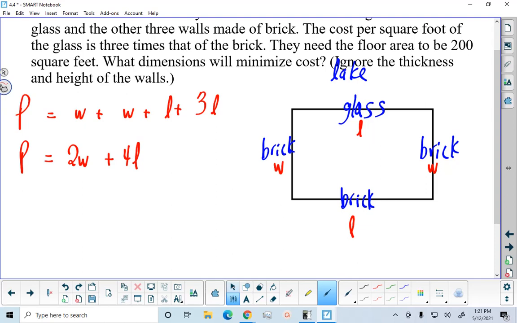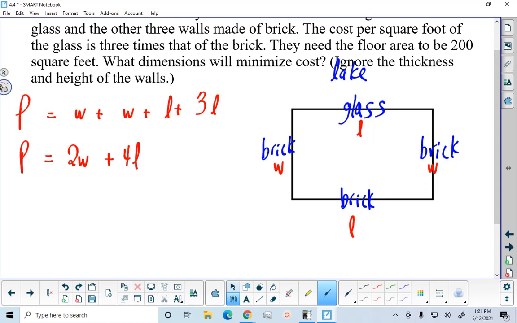Now, this is where if you were in post-secondary, somebody marking your work would say, well, we're not minimizing the perimeter, we're minimizing the cost. So if you look at this question here, it says ignore the thickness and height of the walls. We understand that these walls have a height to them that we're not seeing here. But the building walls are the same height everywhere.